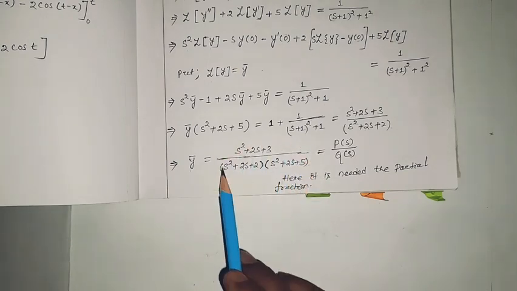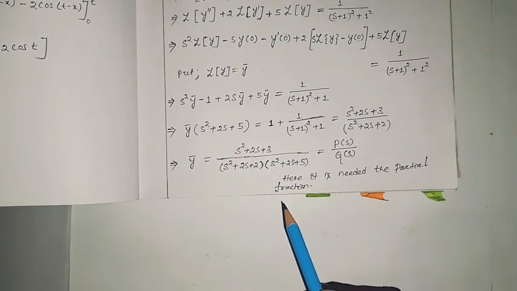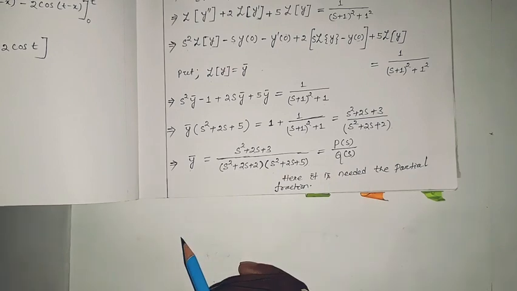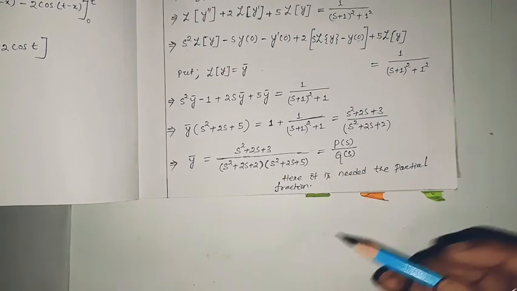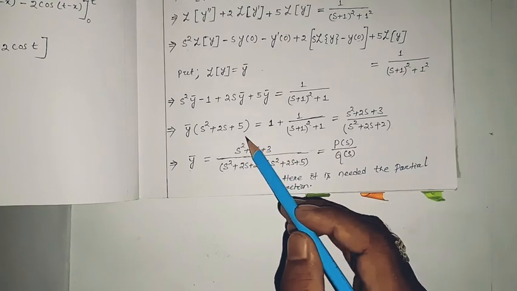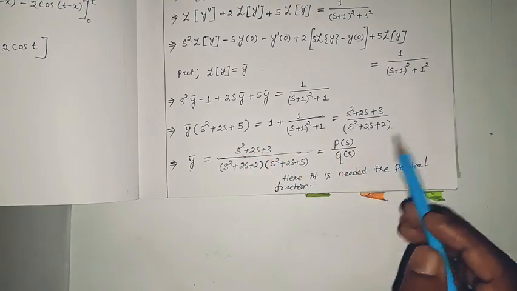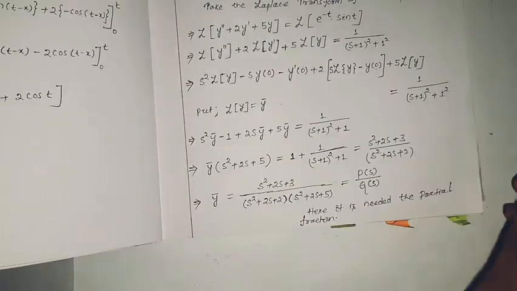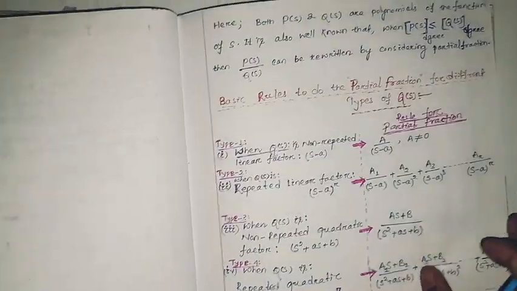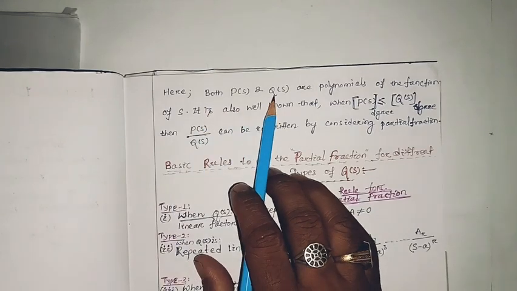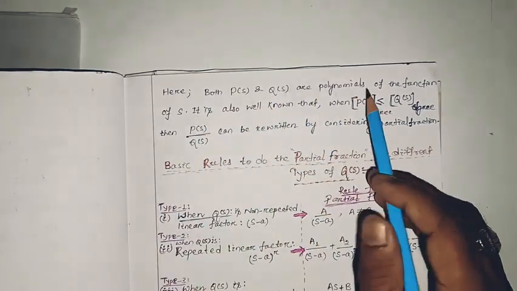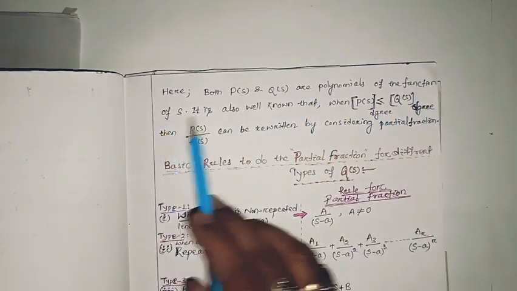In this type of situation, we need the partial fraction to separate it into two terms. Here, if I consider this as P(s) and this as Q(s), then in this situation we need the partial fraction. In detail, both P(s) and Q(s) are polynomials of the function s.